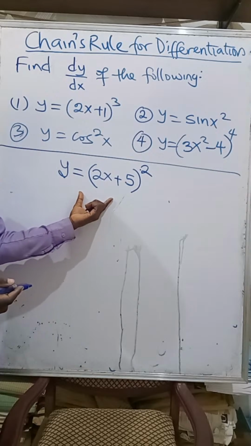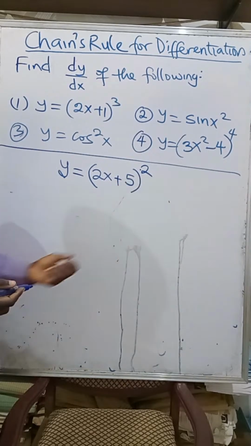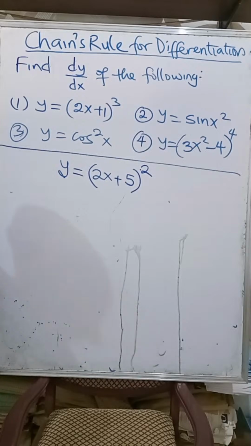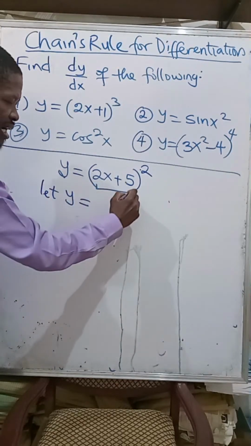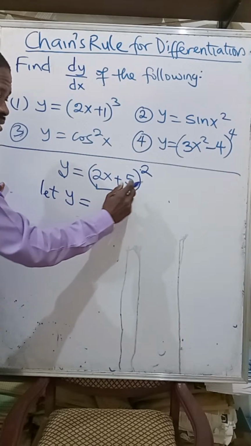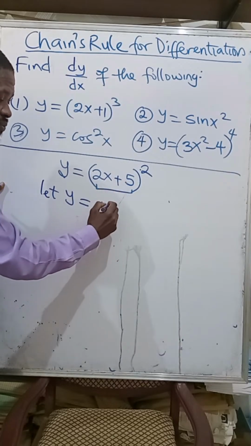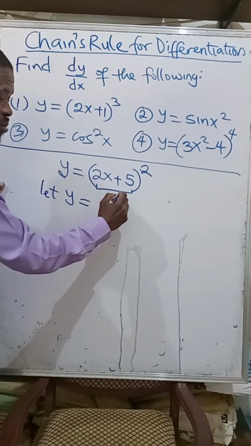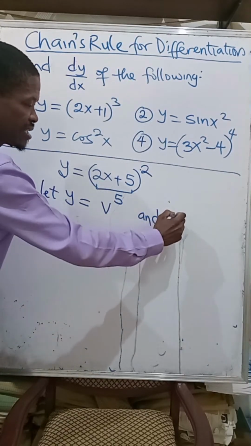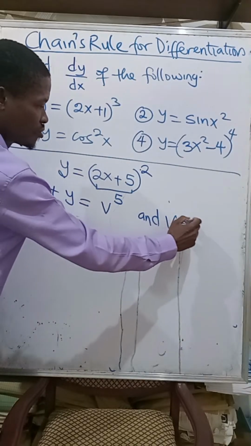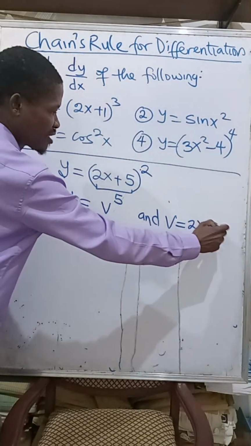How do we use it? Let's say you have power 5. We can say let y be equal to this expression, 2x plus 5 to the power 5. You can give the letter v to the base, and v is equal to this 2x plus 5.